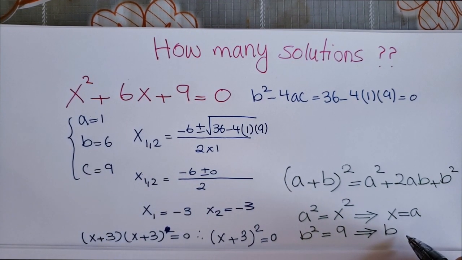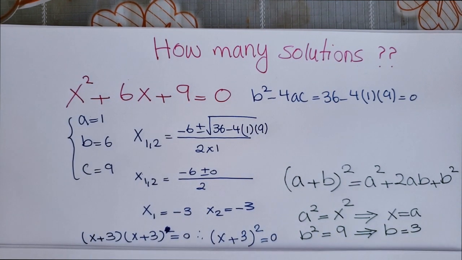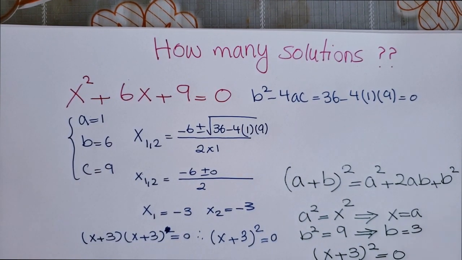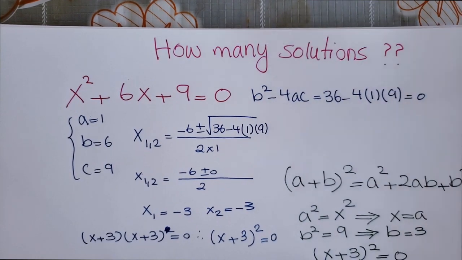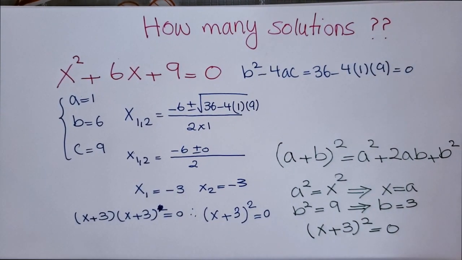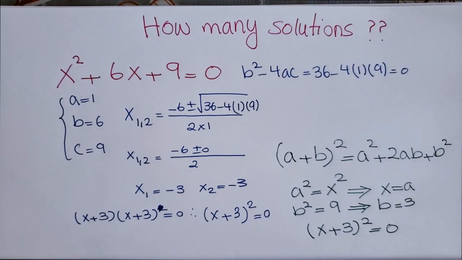b would be 3. And it turns out to be x plus 3 to the power 2 equal to 0, which is exactly the same as the quadratic formula. So once more, no matter what method you use, your answer should be identical, exactly the same.